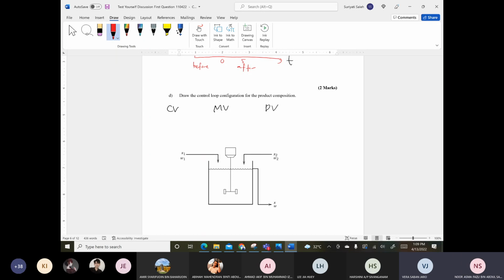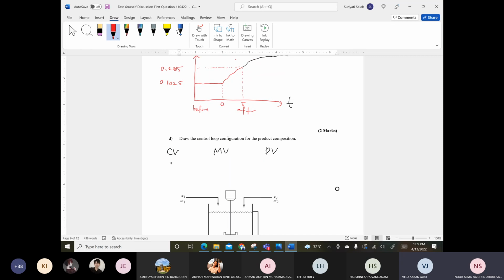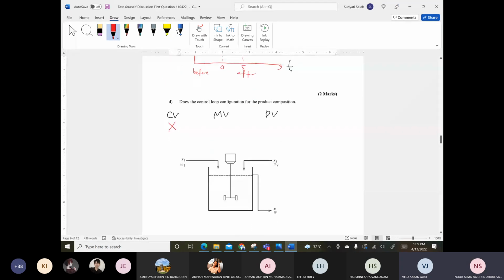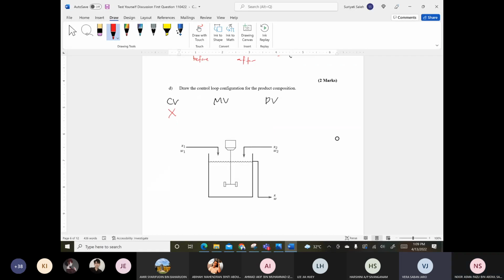The control variable will be our product composition, the x. Because the total flow rate, the total volume, is assumed constant, it's not affecting. So for this part, we have the x and then the MV.